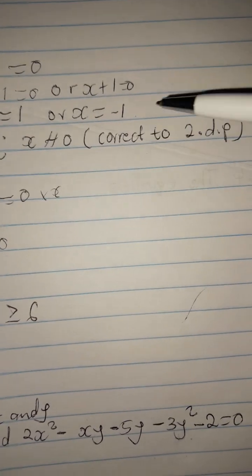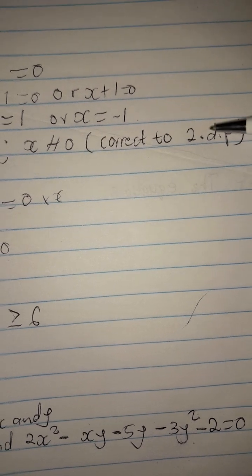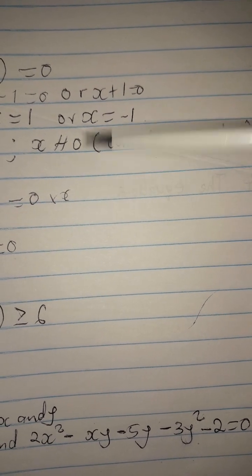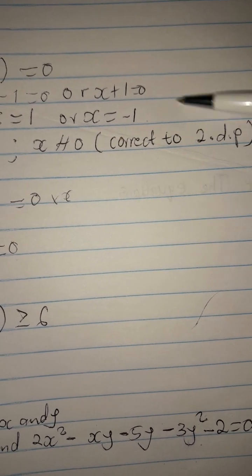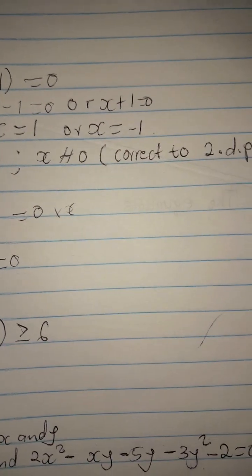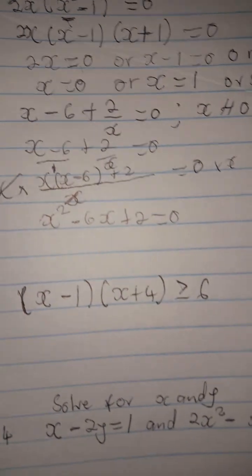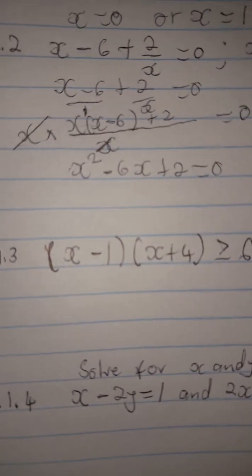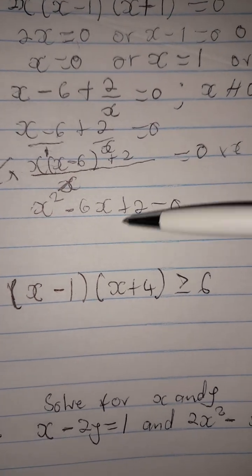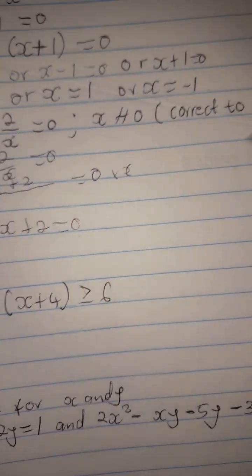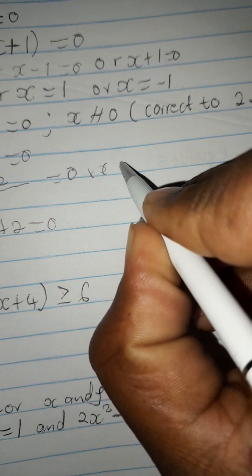Because they said correct to 2 decimal places, and we're also given that x can be 0, that means we are going to use the quadratic formula, meaning that this equation does not have factors that satisfy it. Because the factors of 2 do not satisfy 6, we can use the quadratic formula, or you can complete the square.